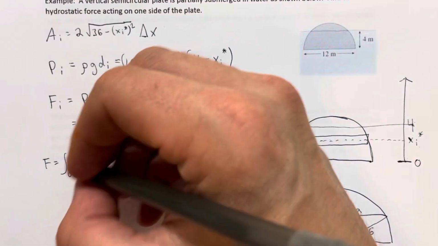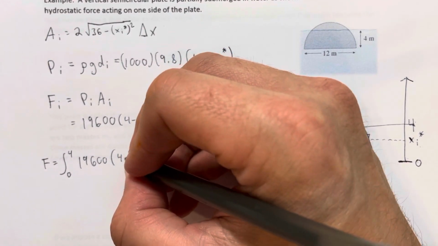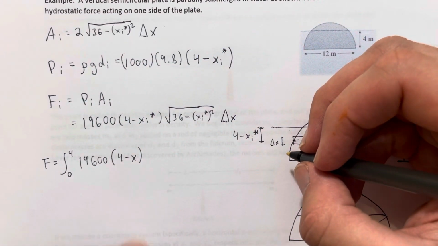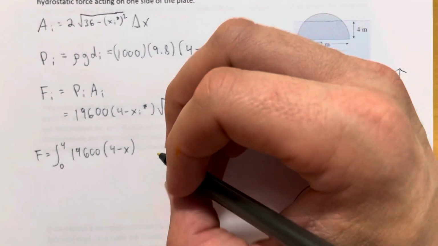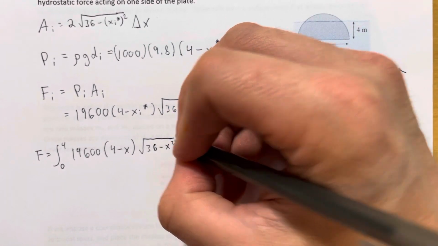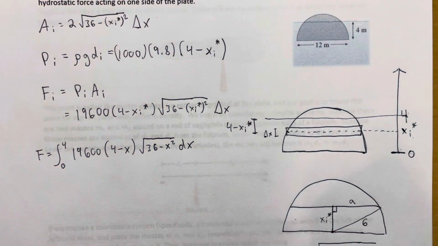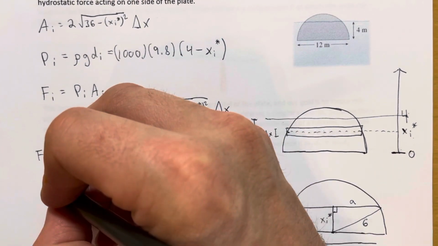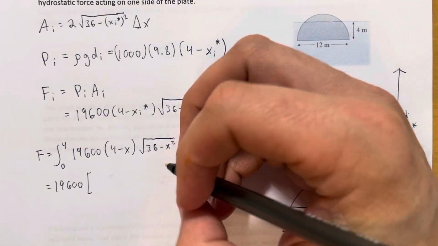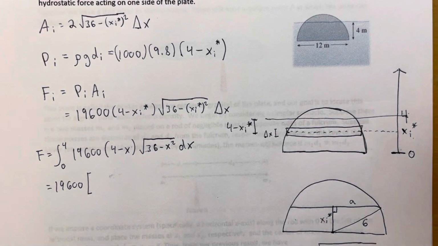0 to 4 of 19,600. I'm going to have 4 minus x, just x. It's not going to be xi star anymore because we've applied a limit, times the square root of 36 minus x squared, and then my delta x becomes a dx. I'm going to write this in a slightly different form. First of all, I know I can pull the 19,600 out, and then I can distribute this radical into this set of parentheses here, and I can split it up into two integrals.